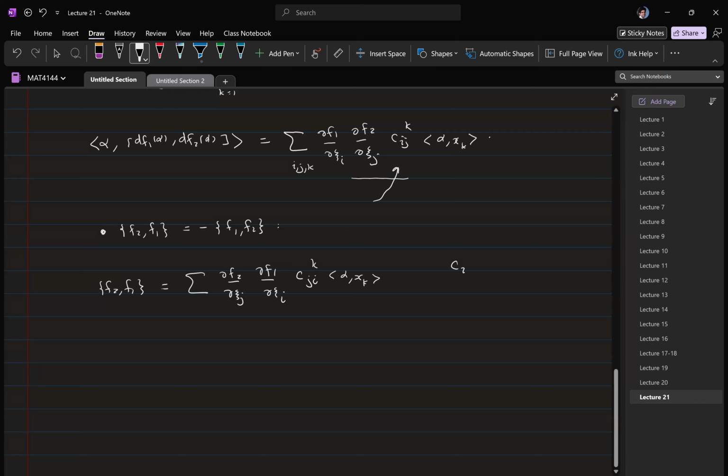And Cijk equals minus Cjik, because this one describes xi, xj as a linear combination of xk's, and this one describes minus xi, xj as a linear combination of xk's, because xj xi equals minus xi xj.